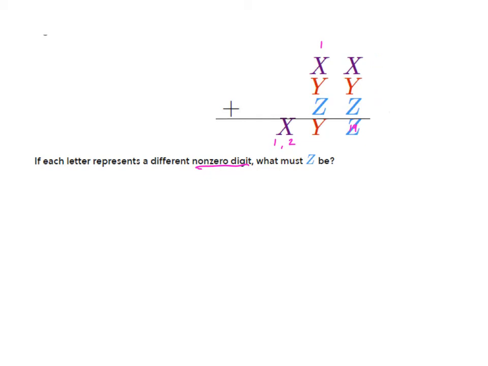So I'm going to erase this because I've now figured some things out. The largest number that's going to be carried to the tens place is a 1, and x is either a 1 or a 2. Because the most we're carrying is a 1, that tells me that y and z are only 1 apart, because the only thing that changed from here to here is the 1 that I carried.